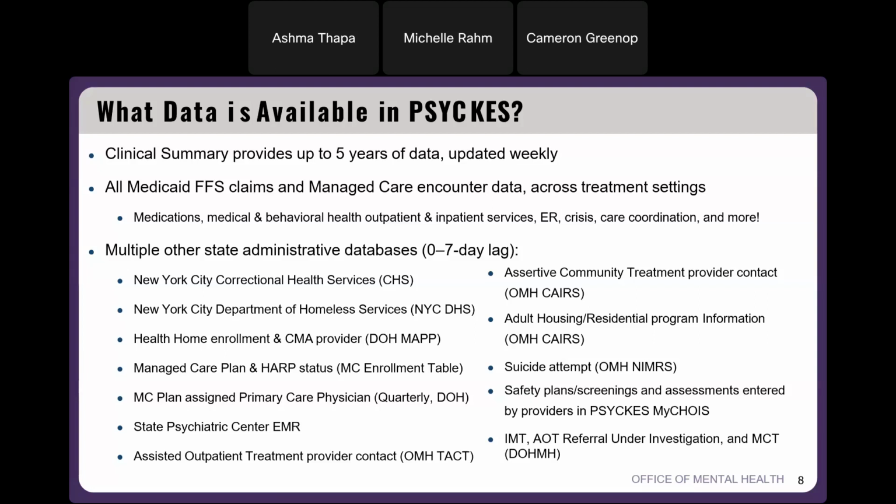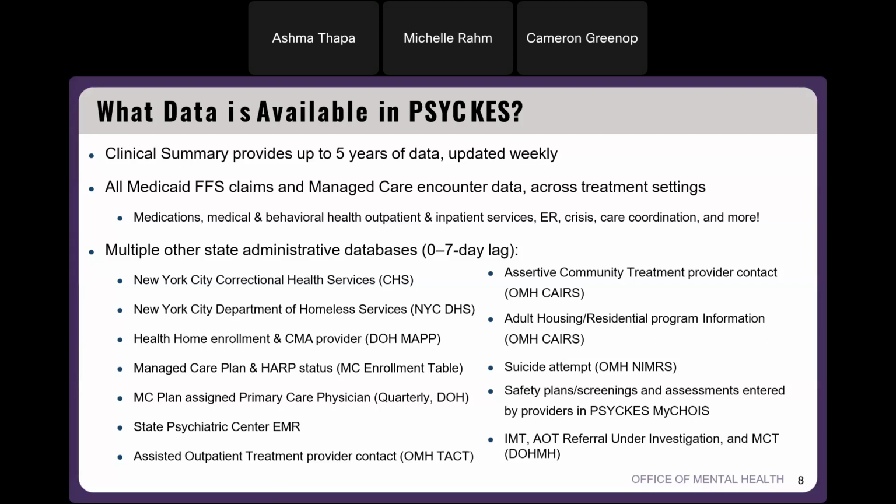These are considered more real time with a 0 to 7 day lag. So just for a few examples here, we have information on health home enrollment and CMA provider information. That's coming to us from MAP, so that also includes the health home referral contact information. We have state PC center EMR data, AOT, assisted outpatient treatment information, and provider contact data coming from TACT.